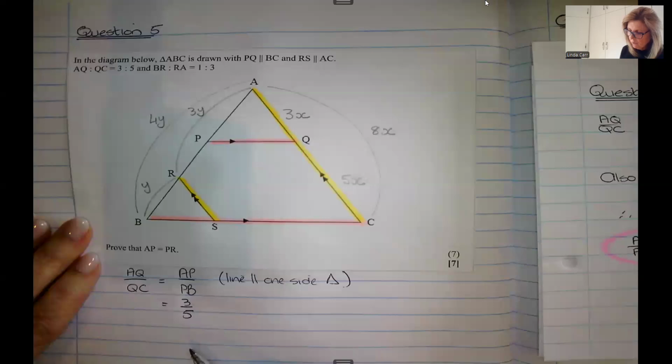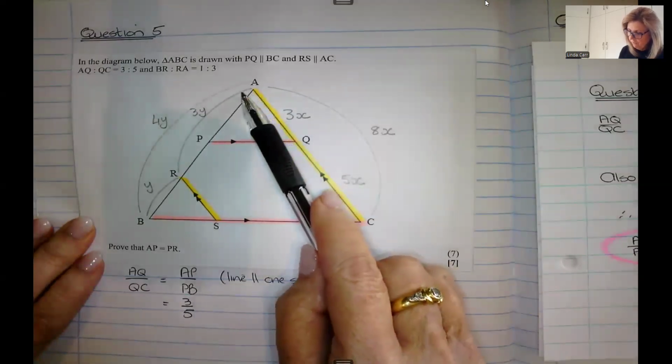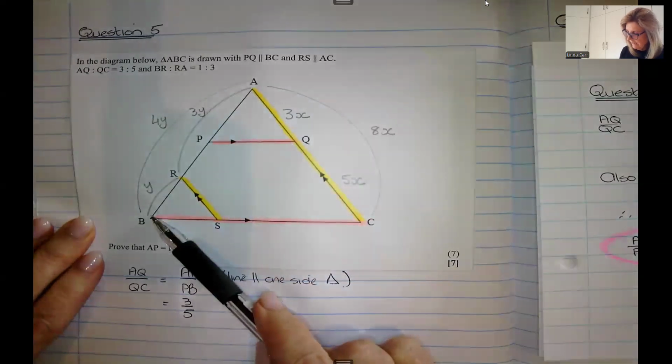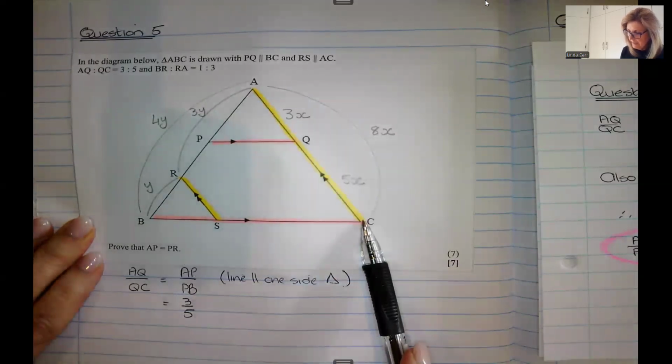Then I can also say that 4y is giving me the equivalent of 8x.